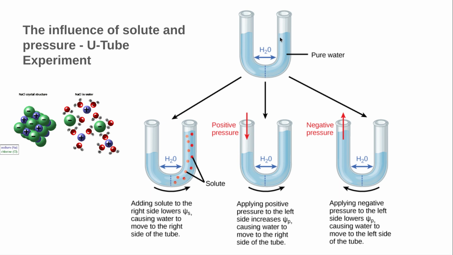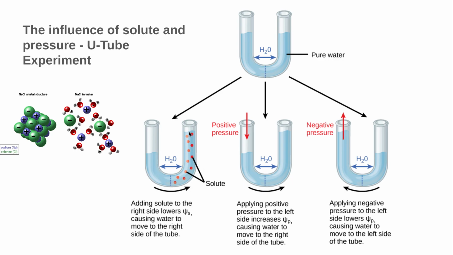If it's pure water on both sides, water is going to be at the same level on both sides. But imagine if I add a lot of sodium chloride to one side. What that means is there is less free water here. So the water is going to flow from the left side into the right side until the concentration of pure water is the same on both sides.